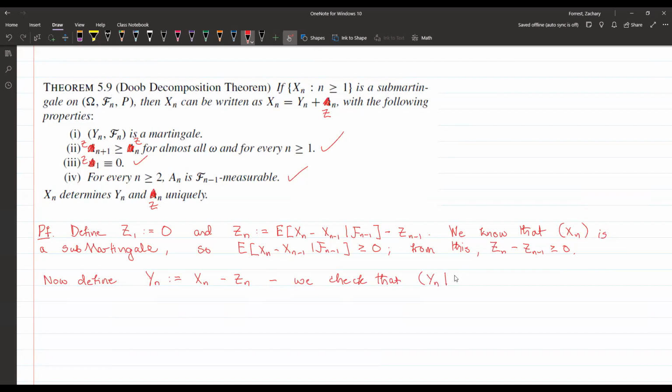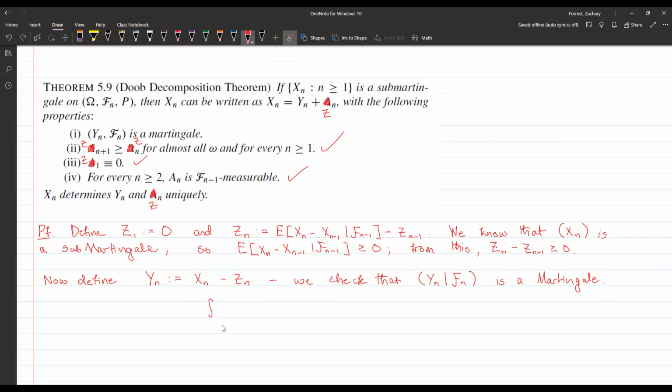And in this particular case, I'll go ahead and mention the filtration along with the random variables, just to make sure we're all clear on what's going on. Okay. So what we're going to do is the following.